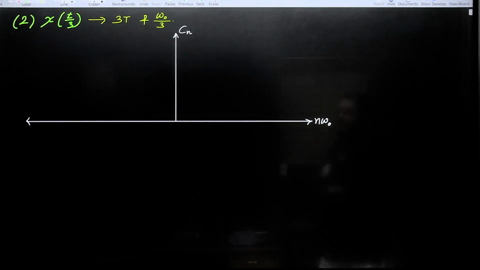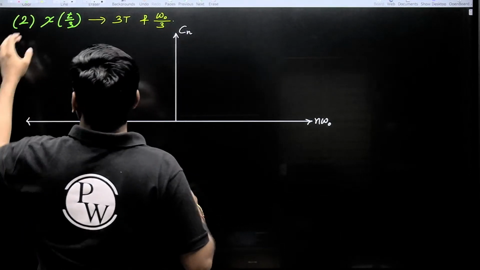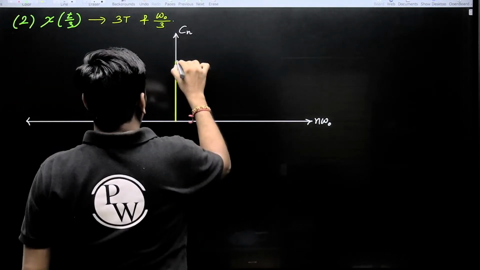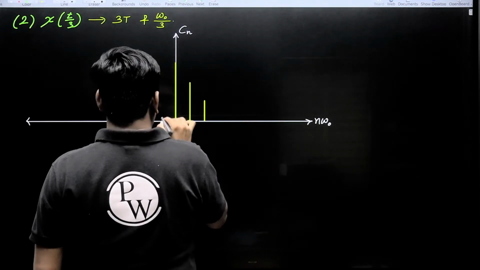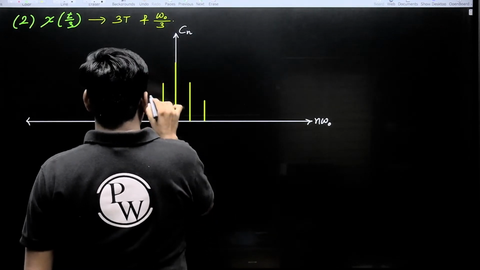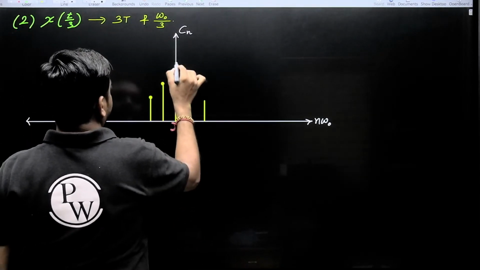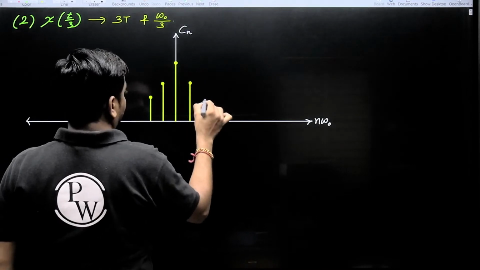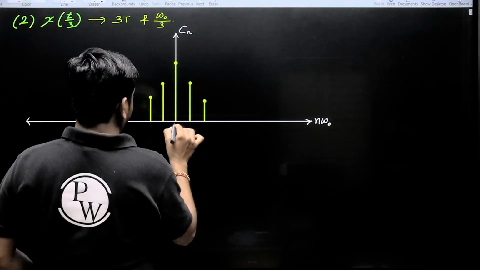Okay. So here again there is no change in the samples' amplitude, guys, but the spacing between samples decreases, guys. Yes or no? This is the only change. Now see this 0.